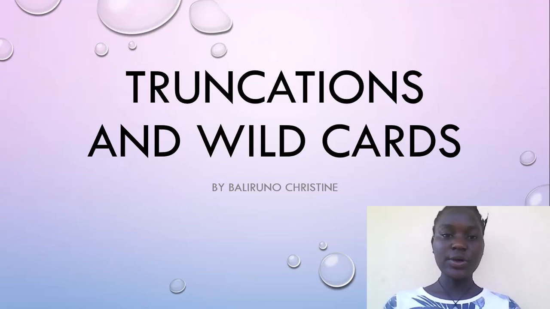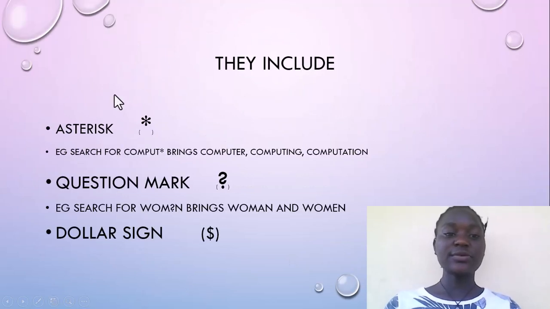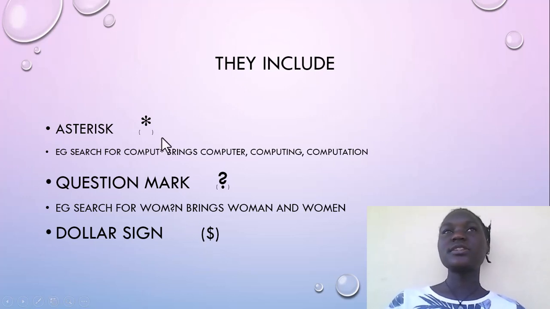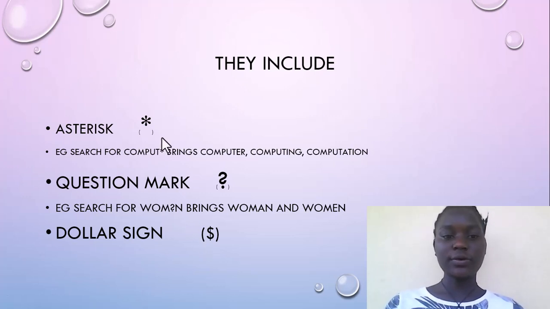For example, some of these symbols, which we call truncation and wildcards, include the asterisk, this asterisk sign here, a question mark, and a dollar sign. For asterisks, for example, we can use it when looking for words like compute.